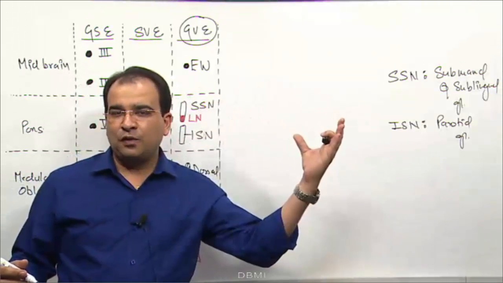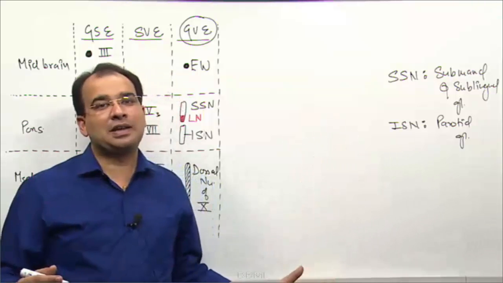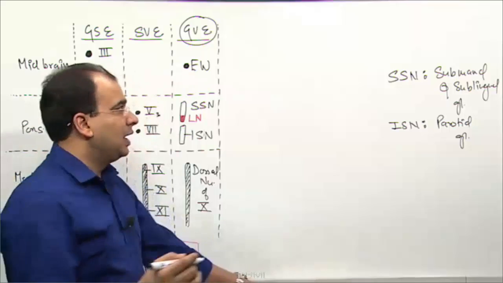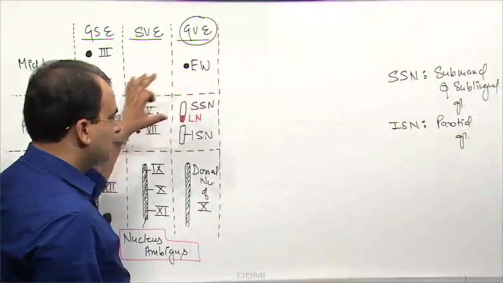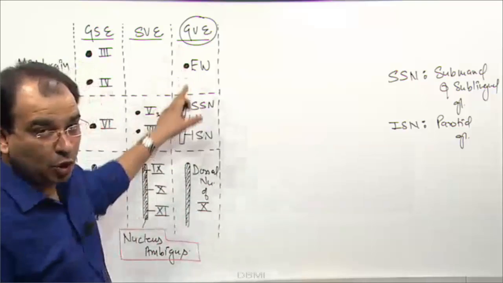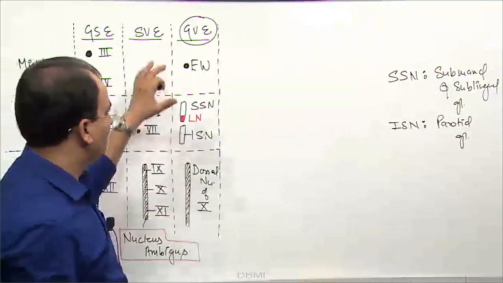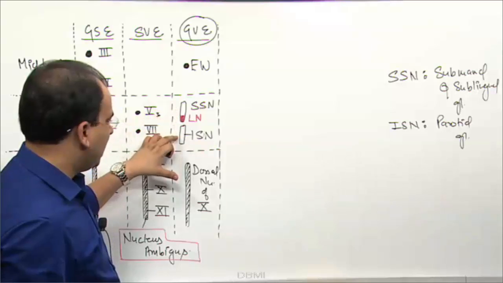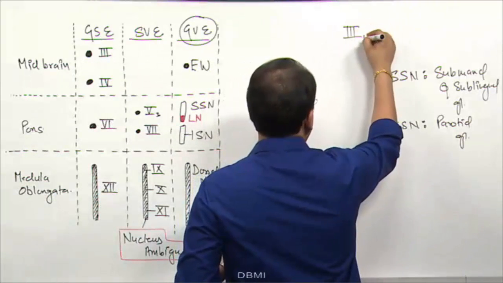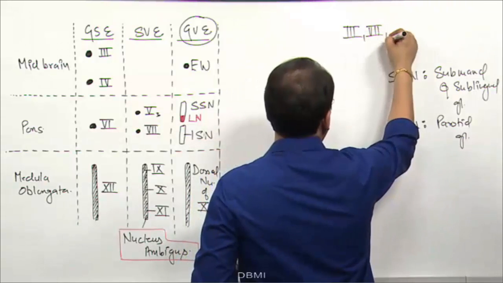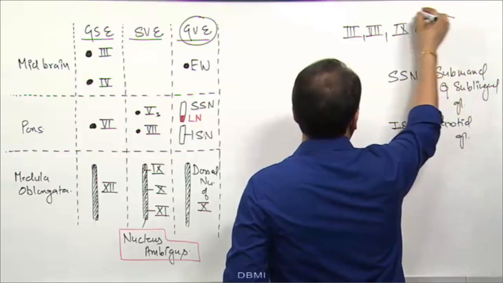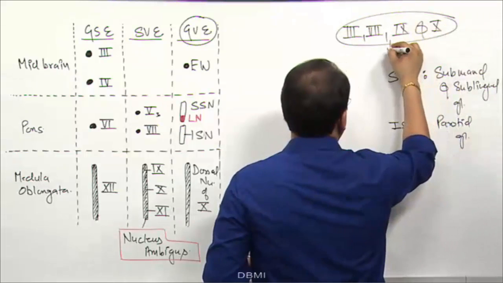The cranial outflow is the cranial nerves which are parasympathetic, and out of the 12 pairs of cranial nerves that we have, it's the 3rd nerve, 7th nerve, 9th nerve and 10th nerve, related to all these nuclei that we will see. 3, 7, 9 and 10 are the parasympathetic cranial nerves.